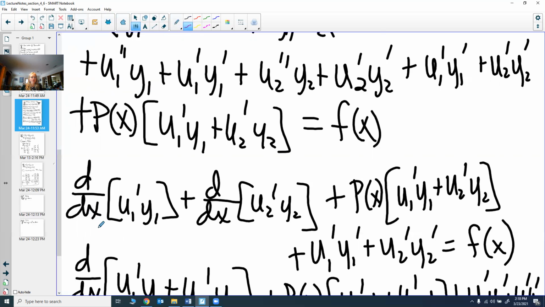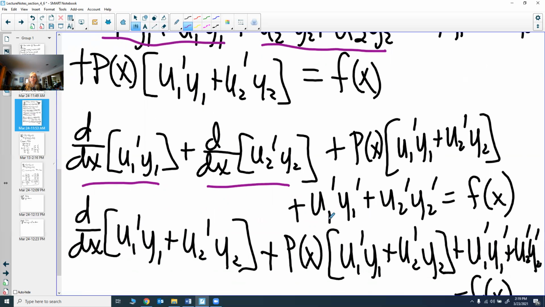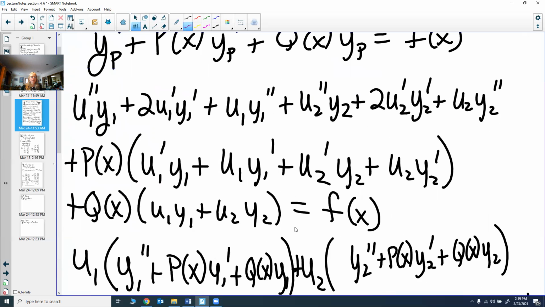We can see that this derivative is these first two terms right here, and the derivative of u2 prime y2 is the terms u2 double prime y2 plus u2 prime y2 prime. The p of x, we don't have to change, so we've got plus p of x times u1 prime y1 plus u2 prime y2, plus u1 prime y1 prime plus u2 prime y2 prime equals f of x. So we have all this.